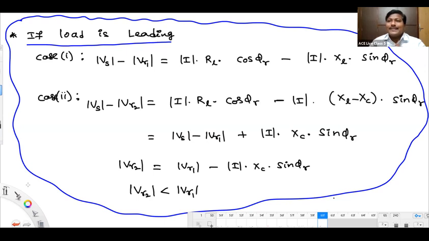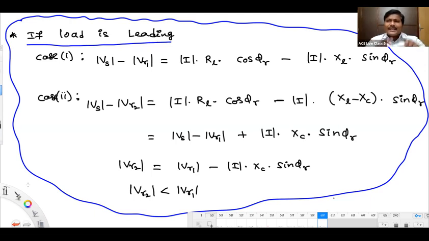See, actually, what the series capacitor is doing simply is: if you have a low voltage at the receiving end side, it is attempting to raise the voltage magnitude after addition. If you have an over voltage at the receiving end side, after adding the series capacitor, that voltage is decreasing.